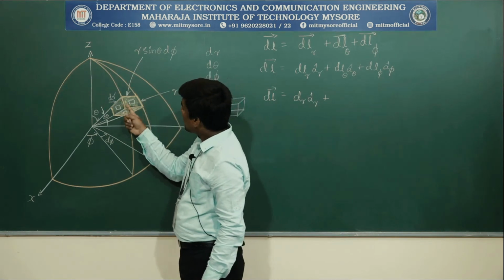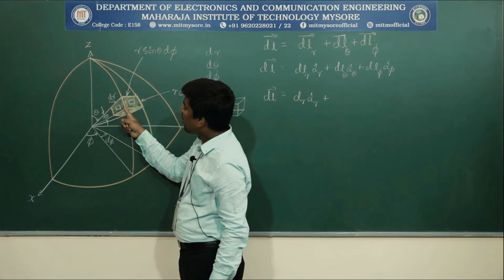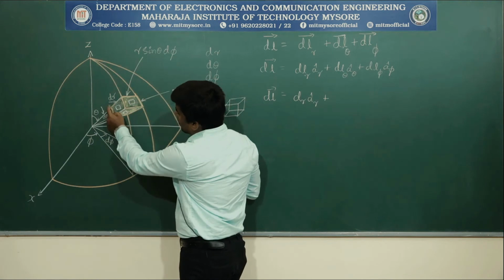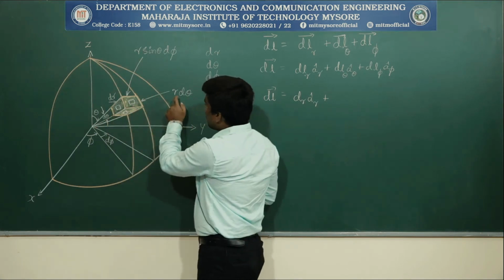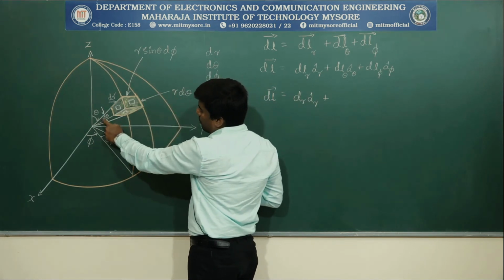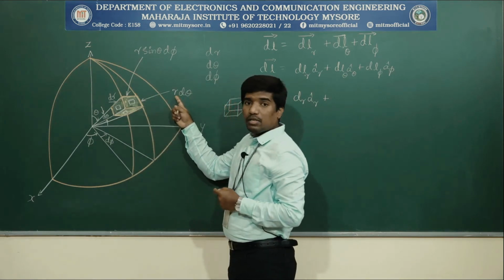Because see here, this distance is continuously varying from this point to this point. Hence this distance is dependent on the radius of this sphere. Hence we need to have the differential length with respect to theta as r into d theta. Why does r come here?